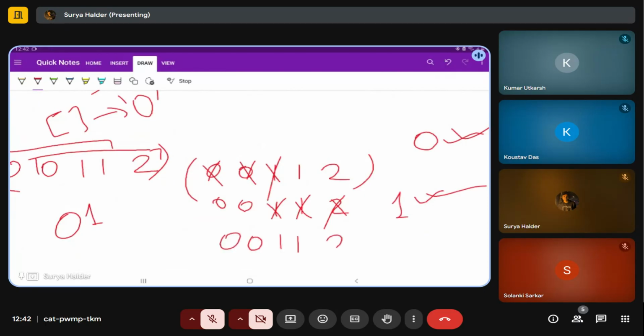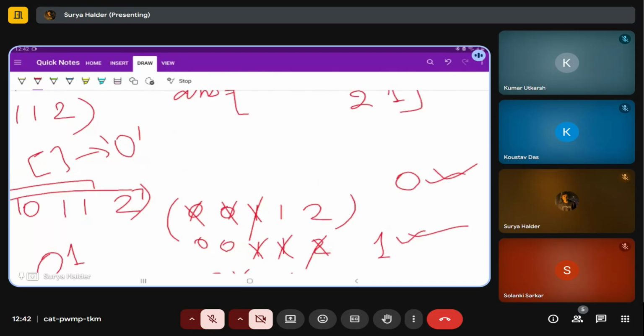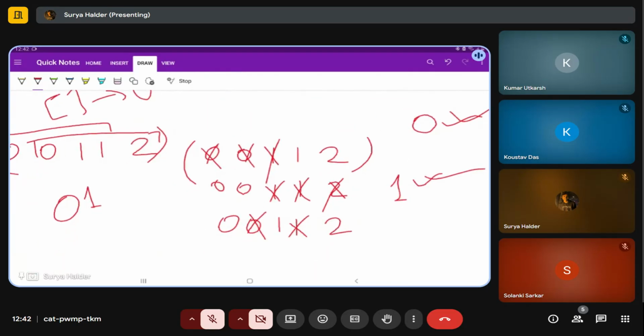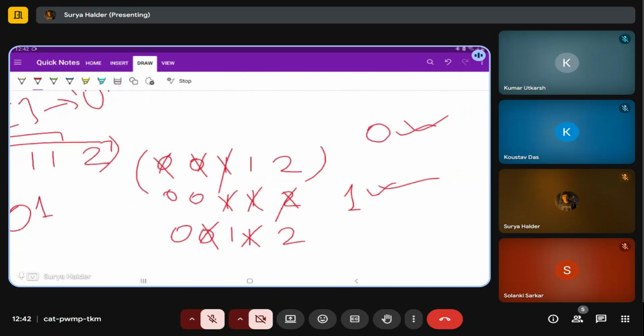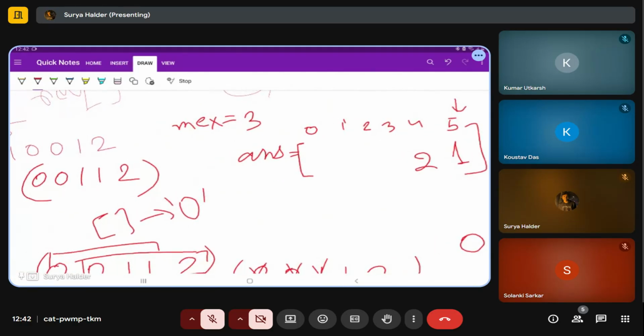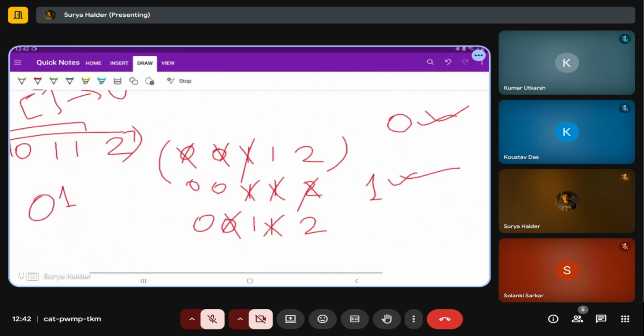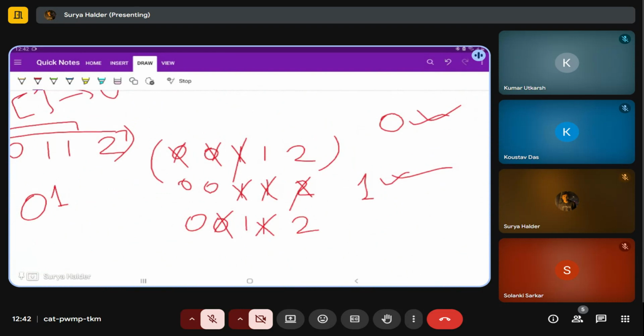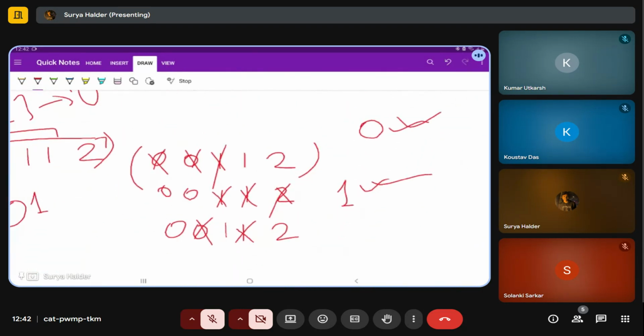One more answer is that if I remove this 0, this 1, and then 0, 1, 2, 0, 1, 0, 0, 0, 1, 1, 2. So the max of it was 3. So 0, 0. So 3 removals.